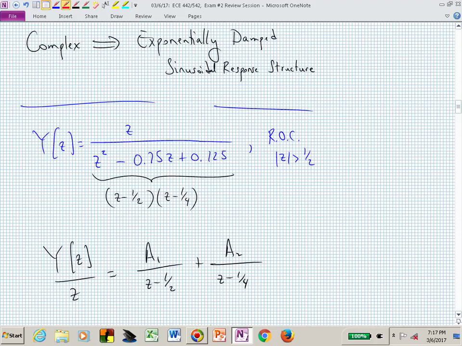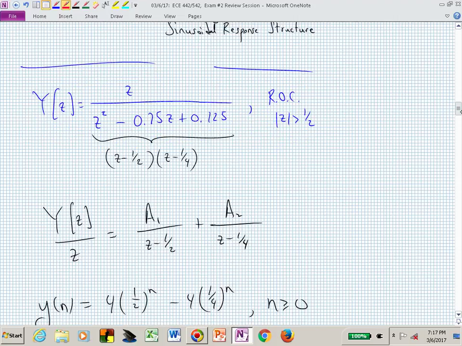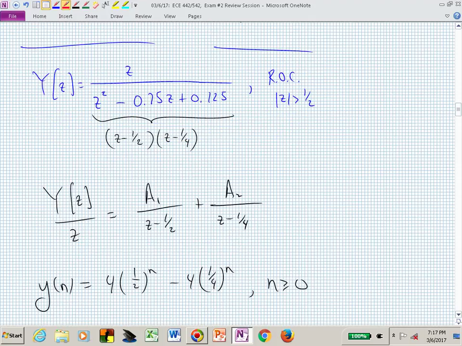So that now we have a1 z over z minus 1/2. That's an exact structure in the table. We have a2 z over z minus 1/4. That's an exact structure, and if you solve for that, you end up with 4 and minus 4. And you already could have anticipated where that's supposed to be.